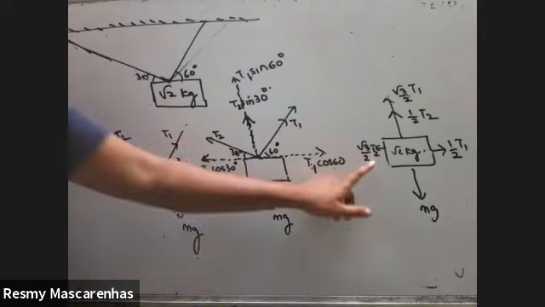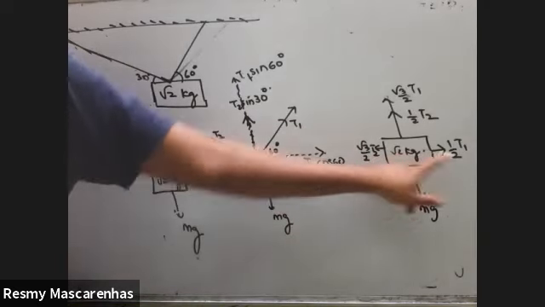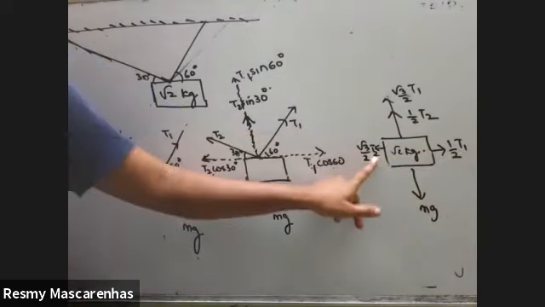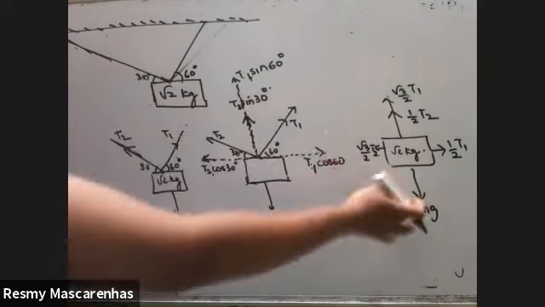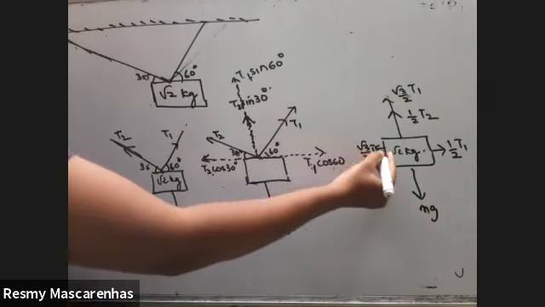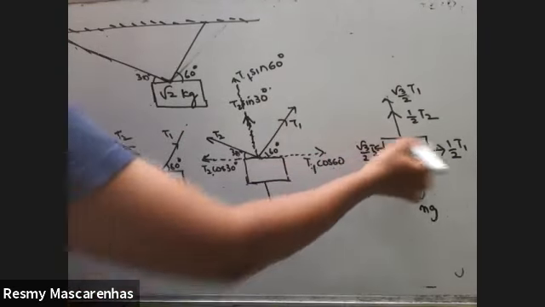Now, first, there's no point equating these two equations because we don't know T1 and we don't know T2. But we know some relation will be there. You can just equate like this and keep it, it will be useful. We know that these horizontals are always equal.